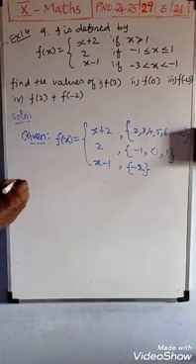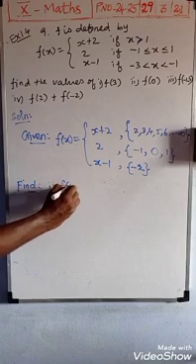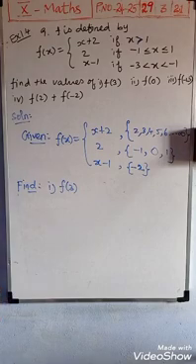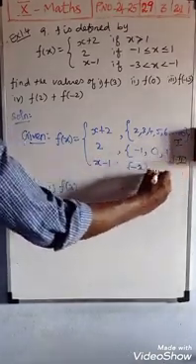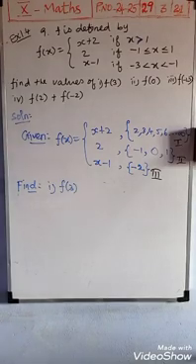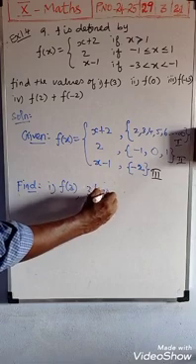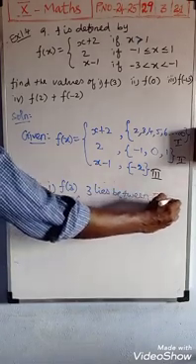Now we want to find the asked questions. First point, f of 3. Consider this is the first interval, this is the second interval, this is the third interval. Now you check f of 3. Where will 3 be? Here only it is coming. So the number 3 lies in the first interval.